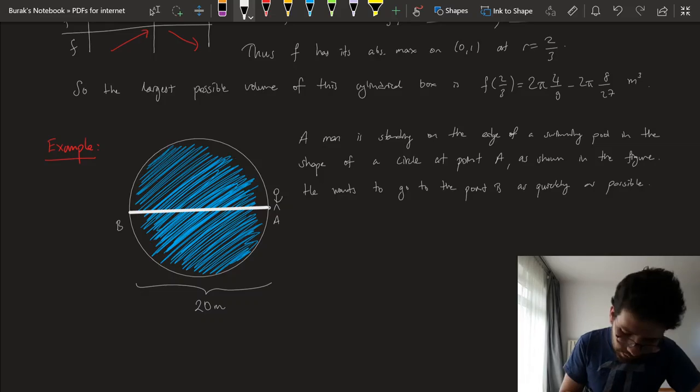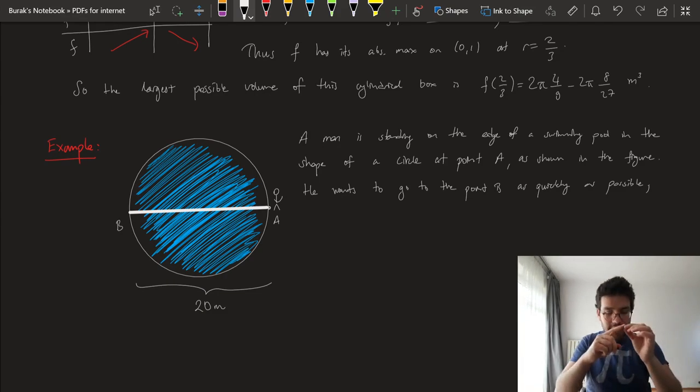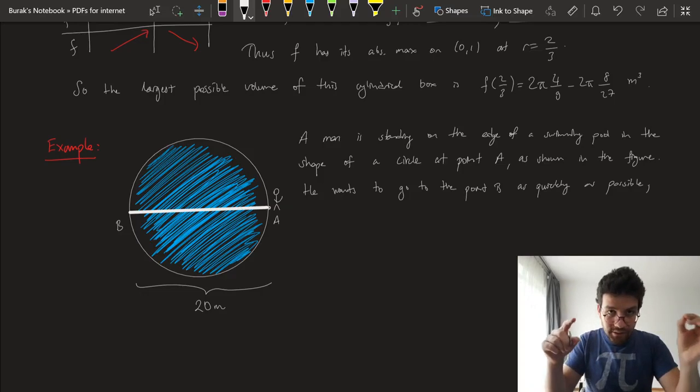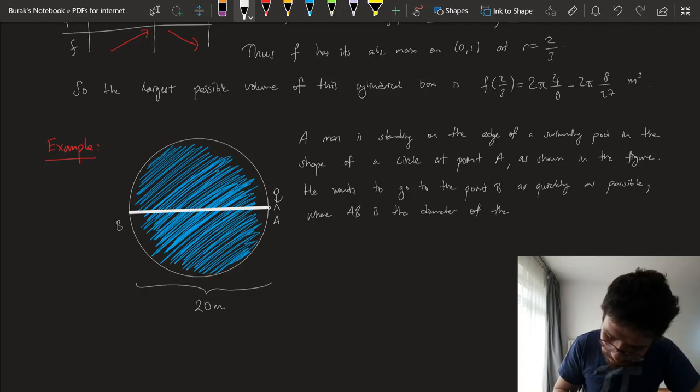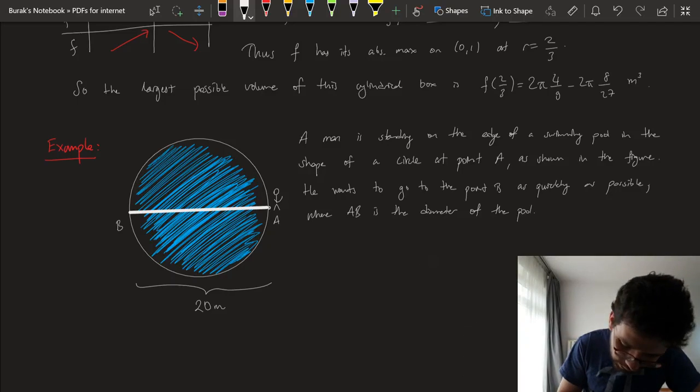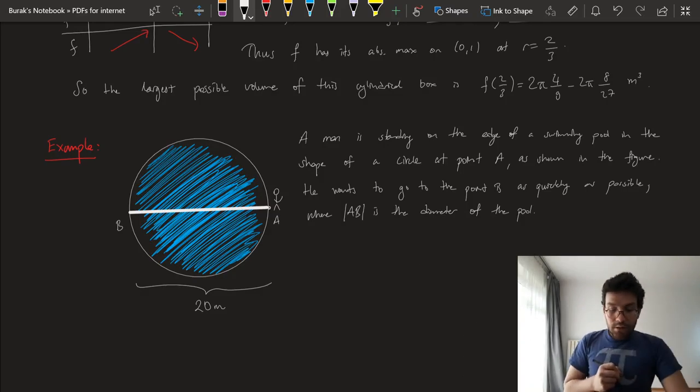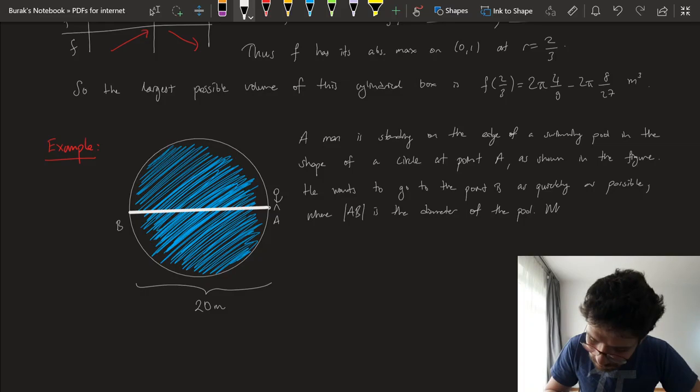Okay? And I should give you the information that the line segment AB is the diameter of the circle, this line segment AB is the diameter of the pool. Okay. What route?